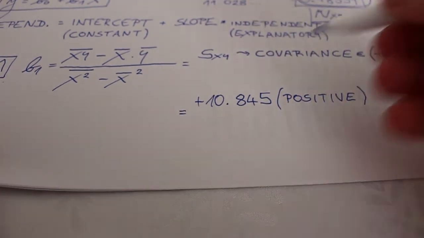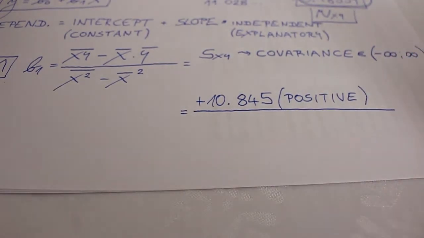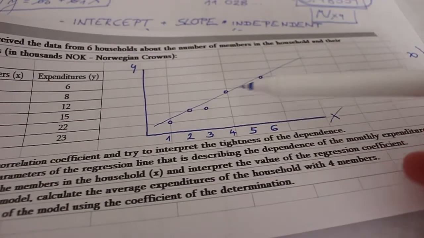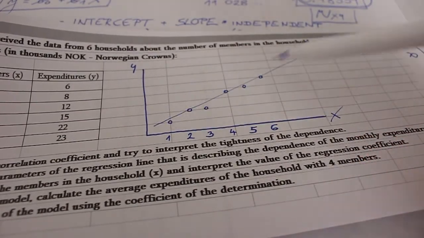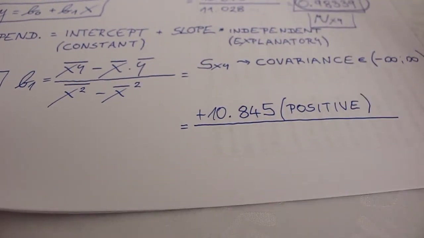Positive covariance means that the line will be increasing. Where is my chart? Here, positive covariance, increasing line, okay, and now denominator.